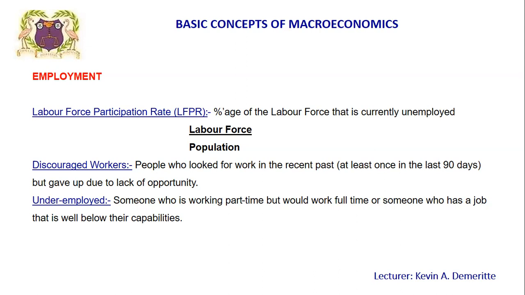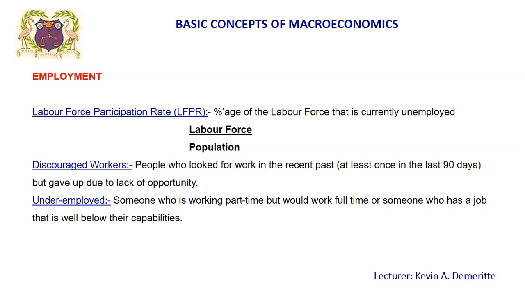They said, yeah, we have actually looked for work in the past, maybe a couple of months ago, at least once in the last 90 days. 90 days is 3 months, by the way. So Daddy's saying, yeah, they actually looked for work in the last 90 days. But things suck out there, and they kind of gave up. They would be counted as what's called discouraged workers.